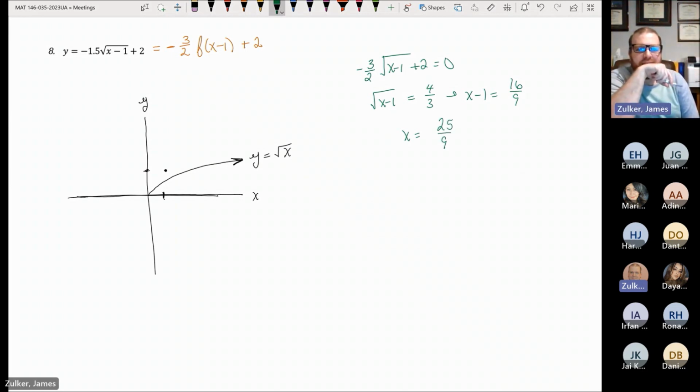And it's going to cross the x-axis at the point 25/9, which is slightly less than 3. So it looks like that will probably be 3 there.